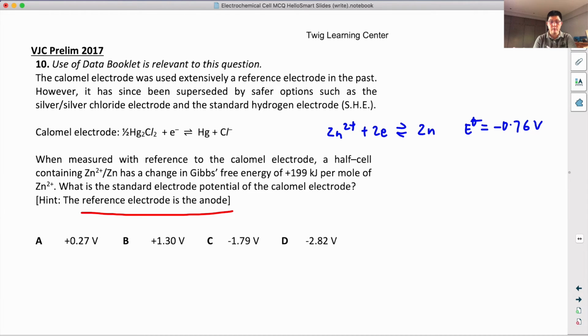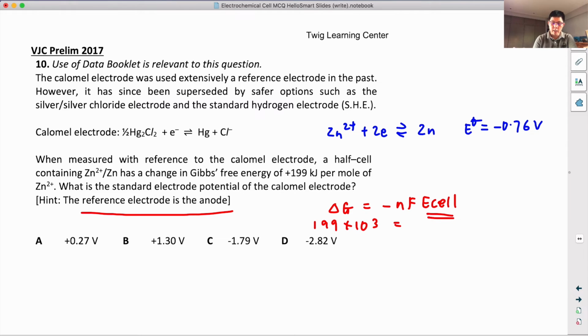Since they gave you the Gibbs free energy, you have to use this equation, right? Delta G equals minus nFE cell. So we're going to calculate E cell. Since we have the change in G, the Gibbs free energy, in joules per mole, I'm going to write down 199.10 times 10 to the power 3. What is the number of moles of electrons transferred?